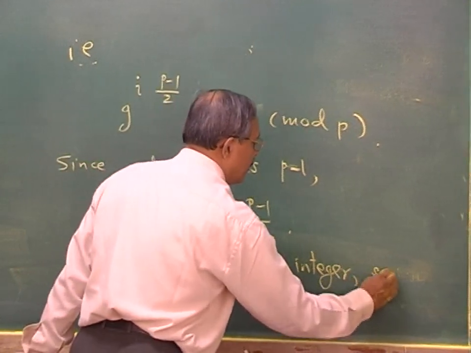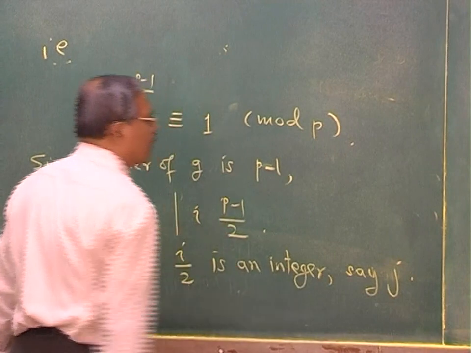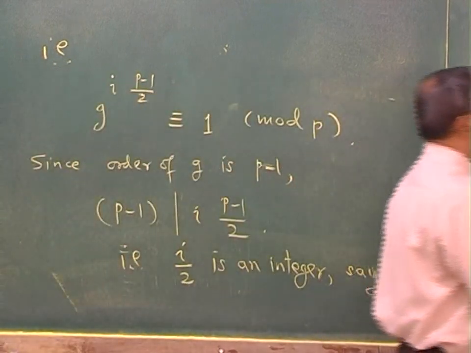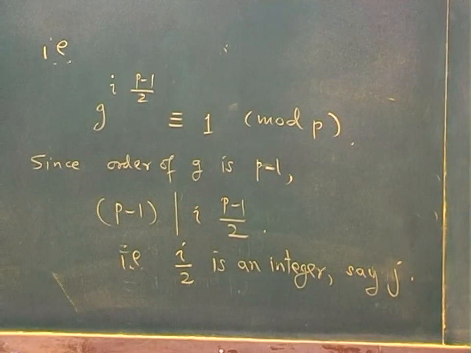Say I/2 is an integer Z. Therefore, I equals 2Z.